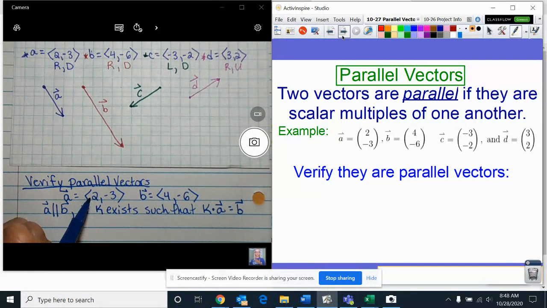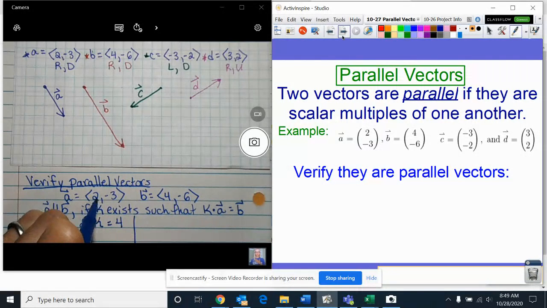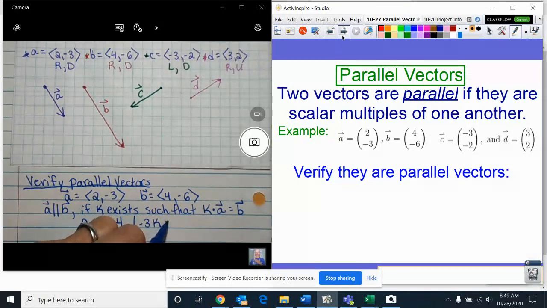So what we're going to do is set up some equations. That means 2 times K is equal to 4, and -3 times K has to equal -6.